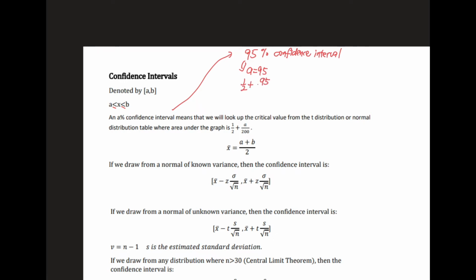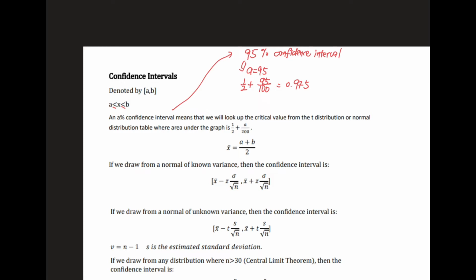So if you count it, then you will know. You get 0.975. So 0.975, of course, this is the value that we should look at in the MF19 just now.